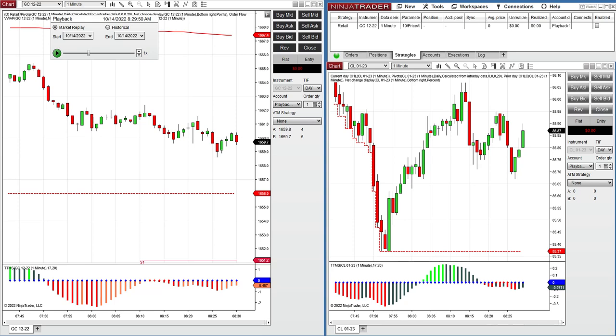The close button, that will cancel the trade. But you don't want to cancel a trade if you've already been filled, right? That'll remove your stops and targets and it'll screw up your whole trade. So don't ever cancel a trade.